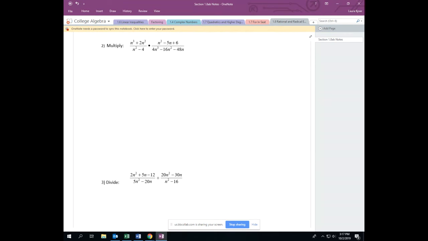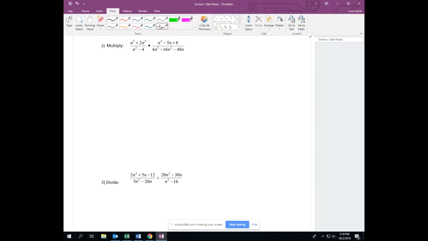You can cancel within the same fraction, so top to bottom within the same one. You can also cancel across on the diagonal, which is called cross canceling. And all of this can be done to simplify your expression before any operation is actually done. And when we're working with these rational expressions, we're not going to be doing this multiplication anyway. We're going to simplify as much as possible, and then anything that's left we'll just write next to each other. So you don't have to do the multiplication.